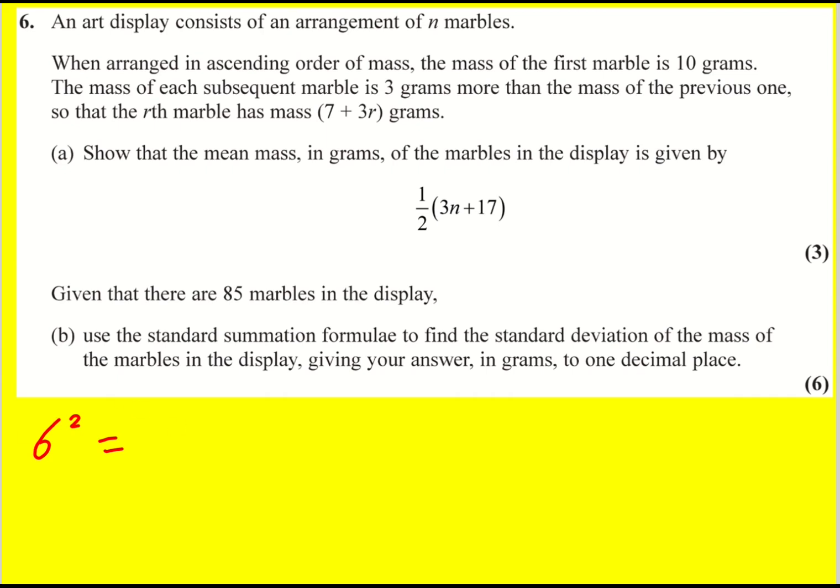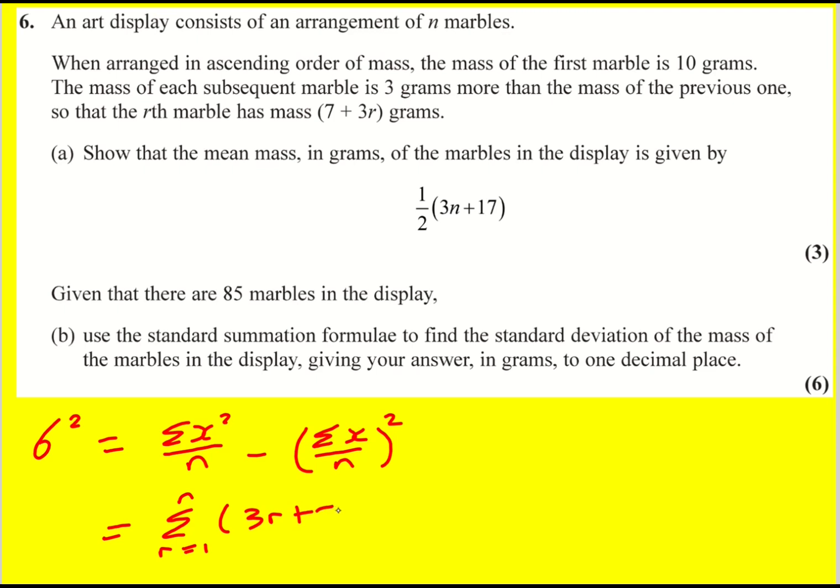Right, in general, if you've got a list of x, the variance is the mean of the squares minus the square of the mean. So for us, it's going to be the sum from, I'm going to put the index in now, you don't tend to do that in stats, but it's r equals 1 to n, and then for us, they've got 7 plus 3r, but we're going to write it as 3r plus 7 all squared over n.